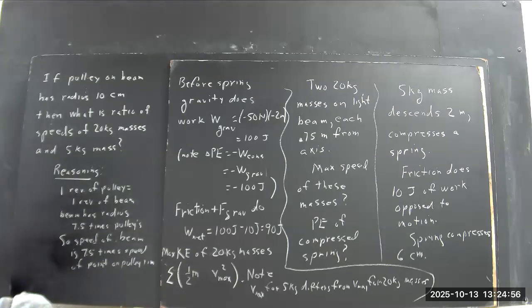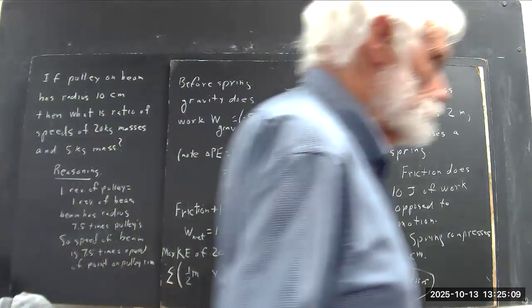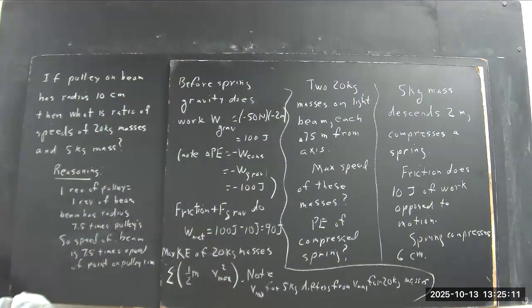I'll say the speed of the beam is 7.5 times the speed of the point on the pulley's rim, right? Now the question is, how is any of that related to the speed of the descending mass?